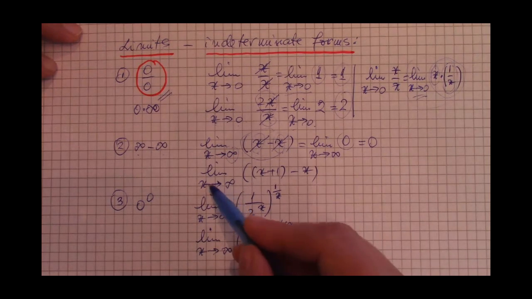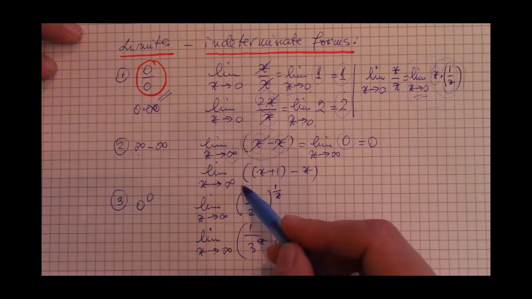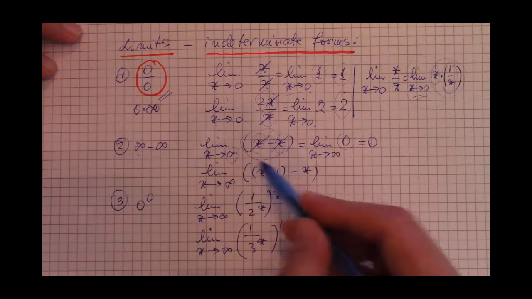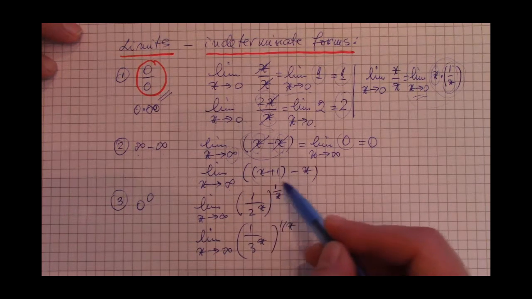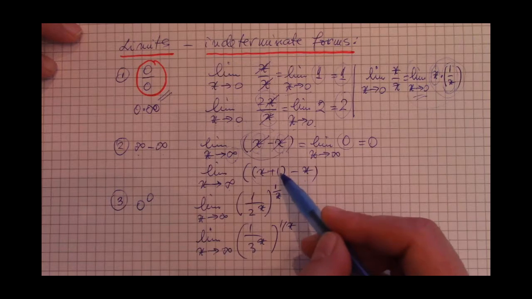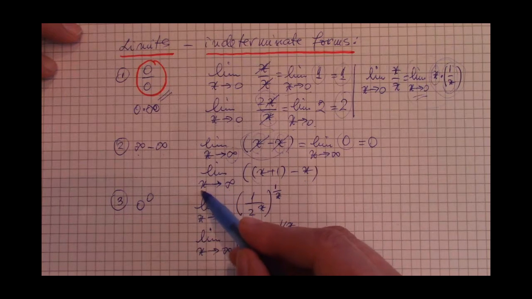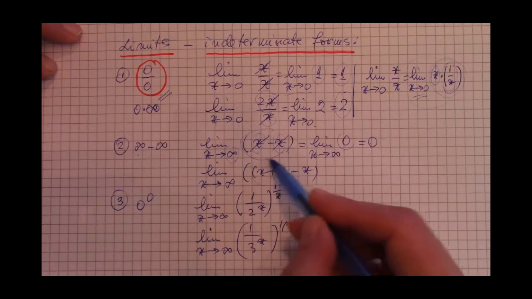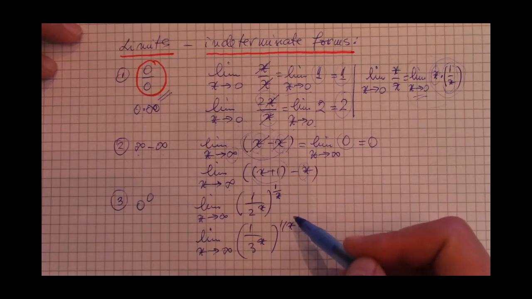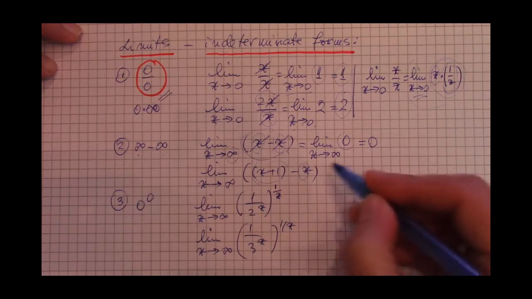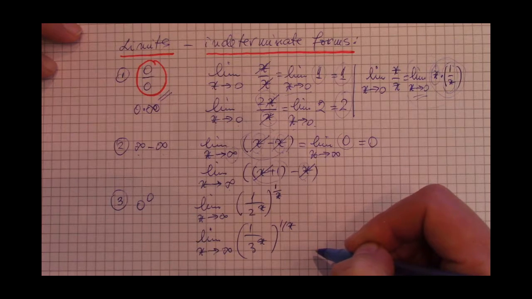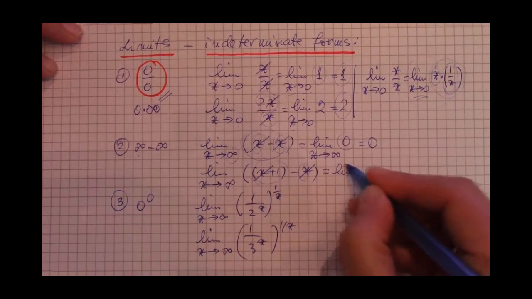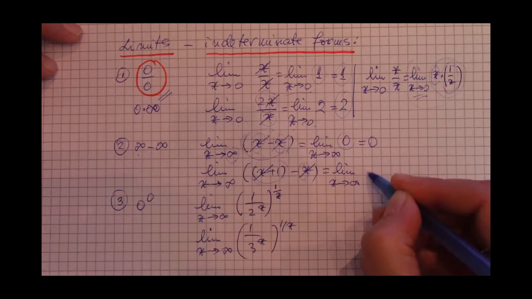Now if we look at a slightly different version of this expression and try to compute the limit when x approaches infinity of x plus 1 minus x, again trying to replace x by infinity, we would get infinity minus infinity. That's a problem again. But in this expression we can simplify x, and all we get is the limit when x approaches infinity of 1.